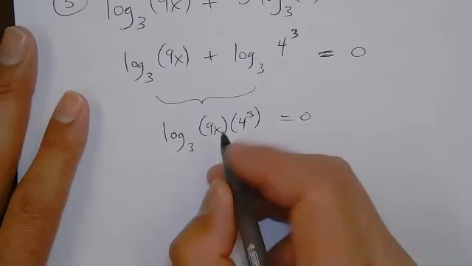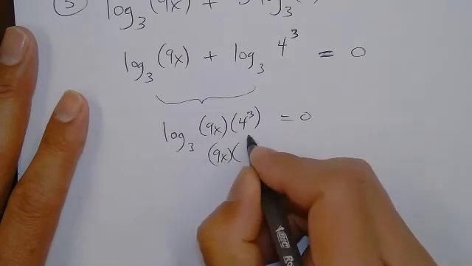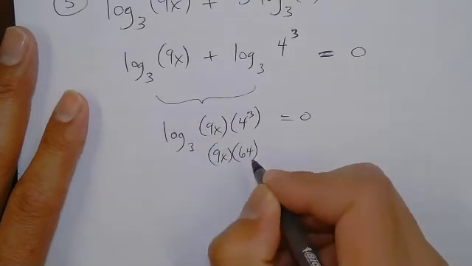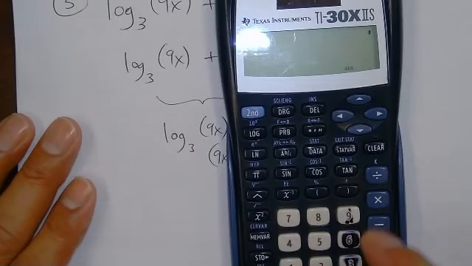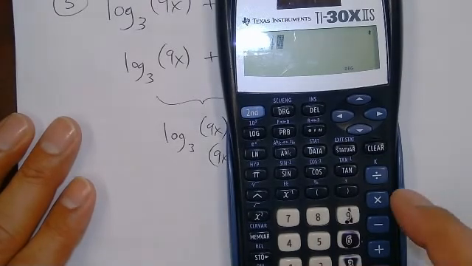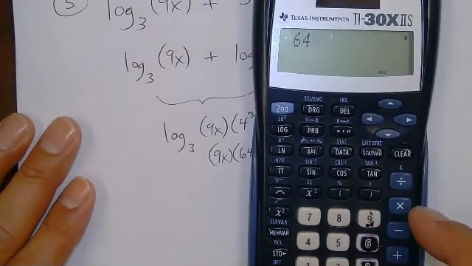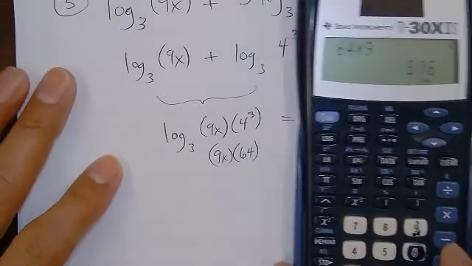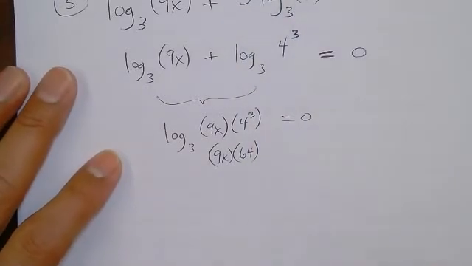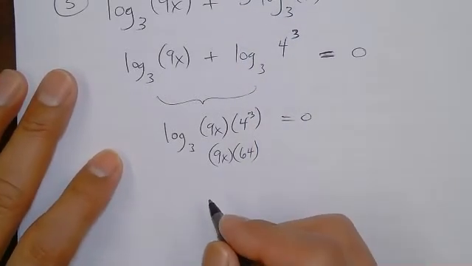And that's really going to be 9x times 4 to the power of 3 is 64, no? 64 times 9, I don't know what that is. I think it's 144? Oh, 576, not even close.